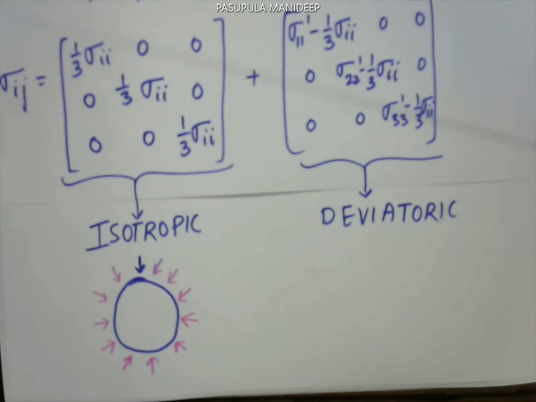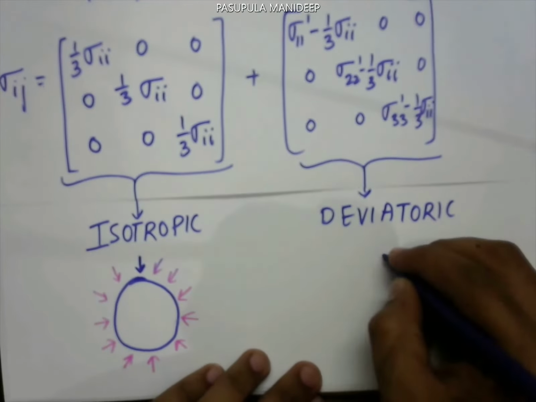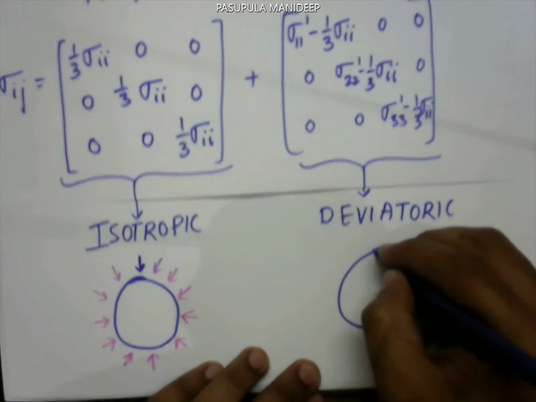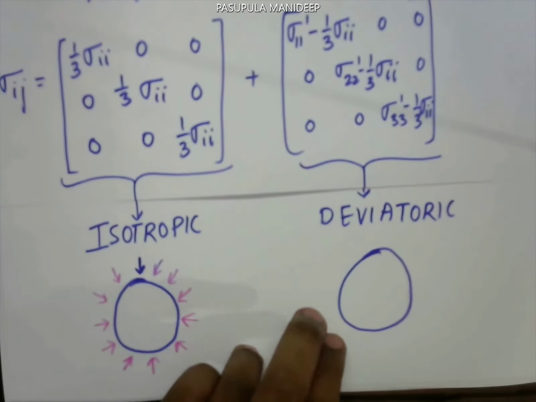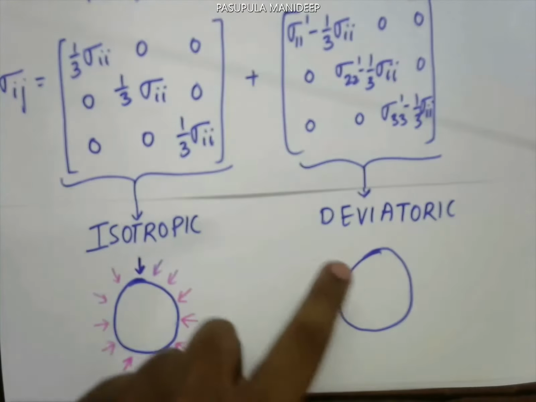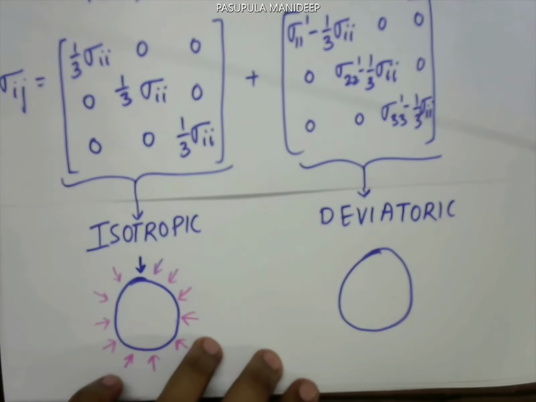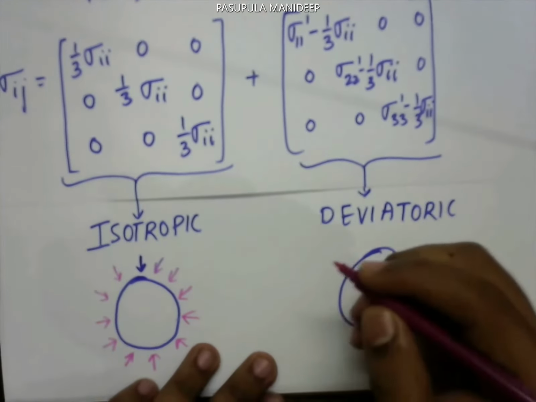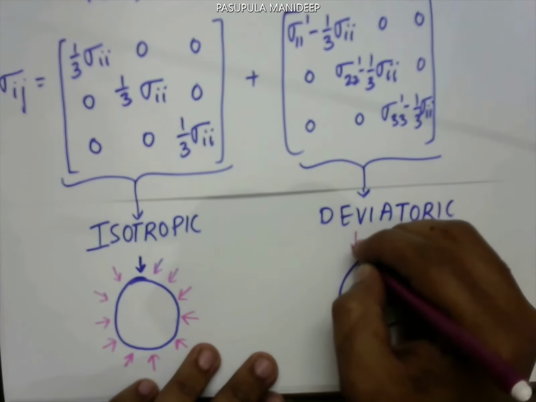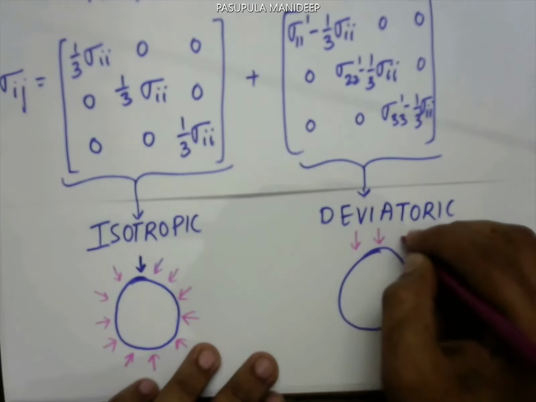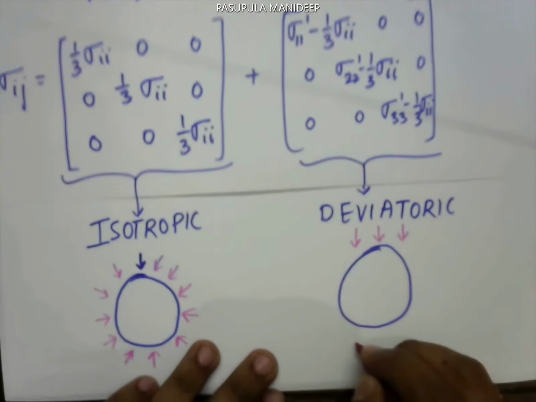In the same way, let us consider another fluid element which is acted upon only by the deviatoric part. If I draw this, it will look something like this.